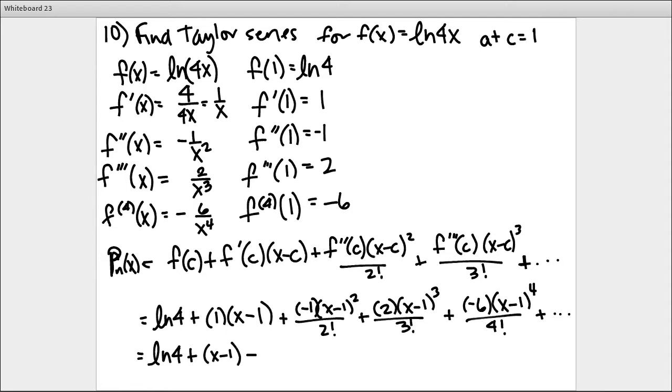Minus x minus 1 squared over 2, and then the 2 cancels with the 2 on the bottom, so x minus 1 cubed over 3, no longer a factorial, minus the 6 is the 3 factorial, so you end up with just 4, no more factorials, right? So there's the first 3 non-zero terms. I've given too many, but that's okay.